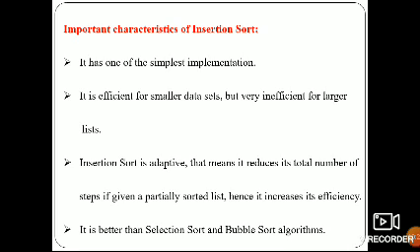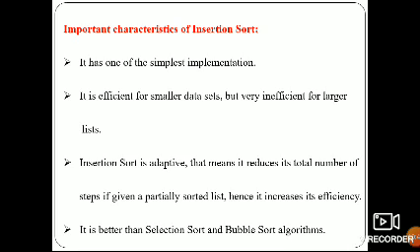What is the importance of insertion sort? It has one of the simplest implementations. It is efficient for small data sets, but very inefficient for larger lists. For smaller data it is very efficient; for larger data it is inefficient.